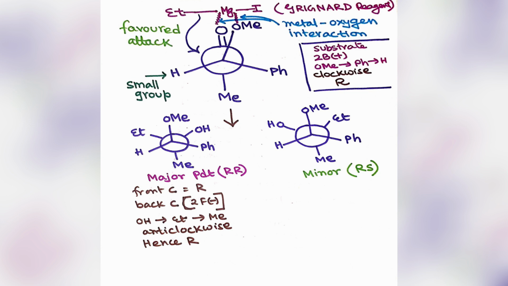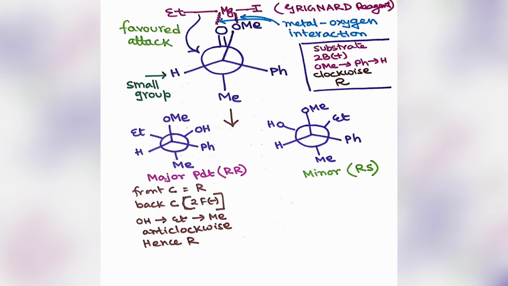Now, C double bond O I have written on the boundary of the circle, so that is the second priority, written on the back side, so I am going to apply the 2B plus rule. If I want R at the chiral center, which is at the center of the circle, I have to write the methoxy, phenyl and hydrogen, meaning the first, third and fourth priority groups, in a clockwise manner, and then only it will come as R.